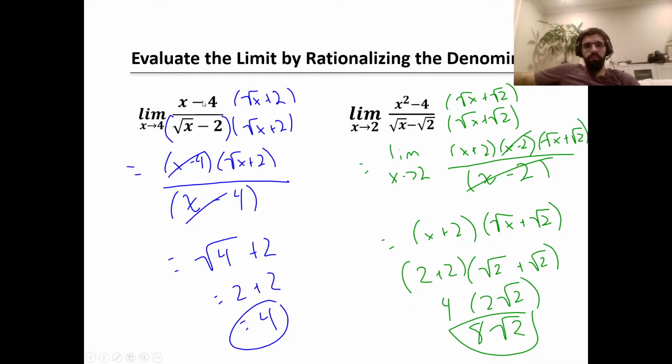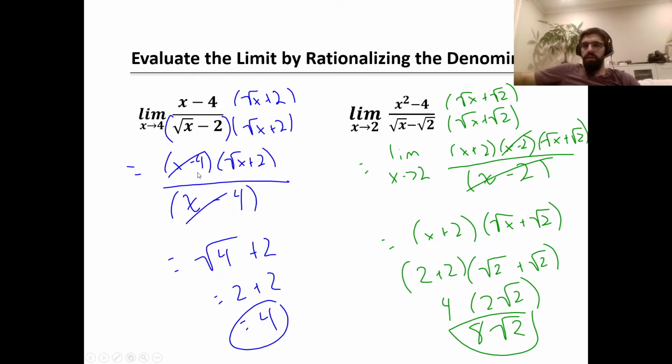In the top, I'm just going to leave those as two factors that are multiplied together, not the product itself. And the denominator, when I multiply this, is a difference of squares. Square root of x squared minus 2 squared is x minus 4. So I get x minus 4 in my denominator.